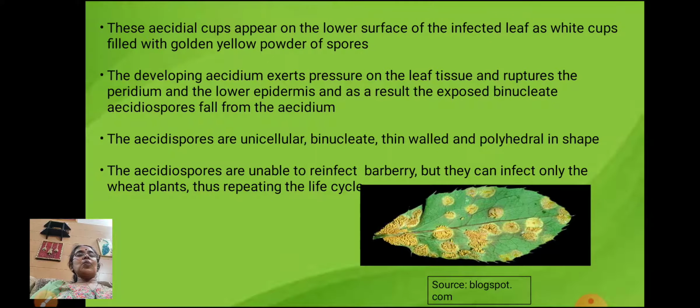The aeciospores are unicellular, binucleate, thin-walled and polyhedral in shape. The aeciospores are unable to reinfect the barberry plant, but they can infect only the wheat plant, thus repeating the life cycle.